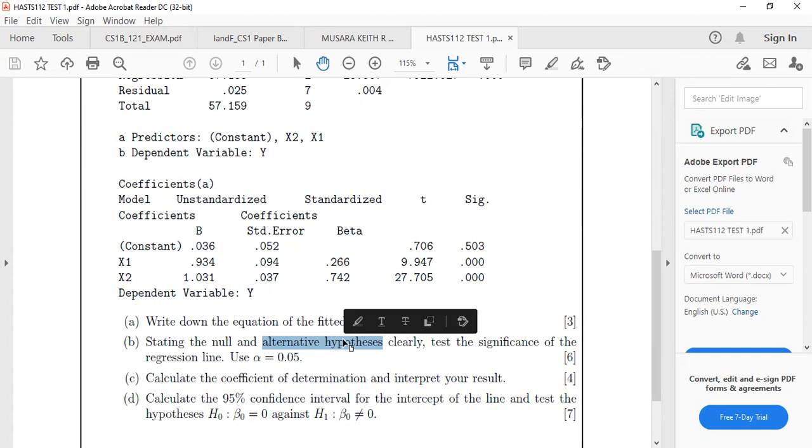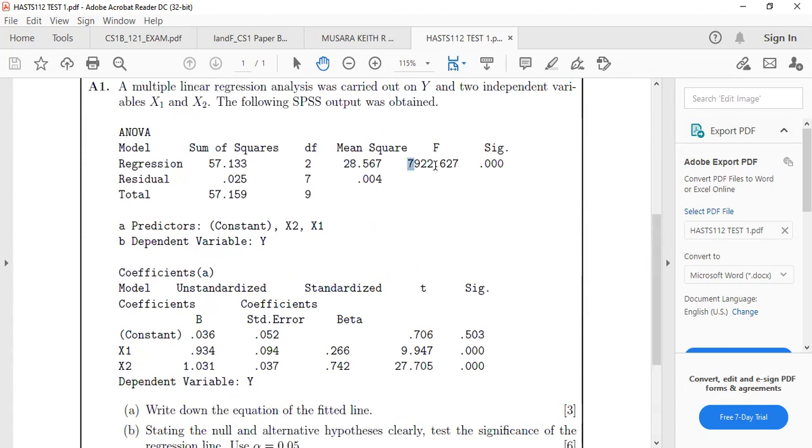And then what's the rejection criteria? So in this case, guys, if you're given an output, we are not going to use F and T. We will use the significance, which is the last column.